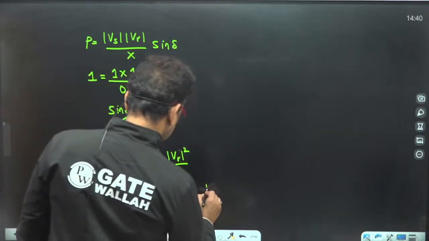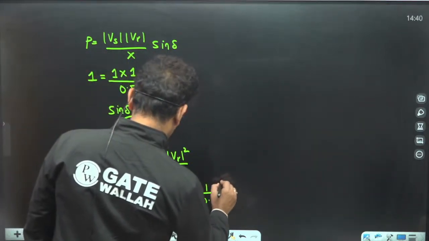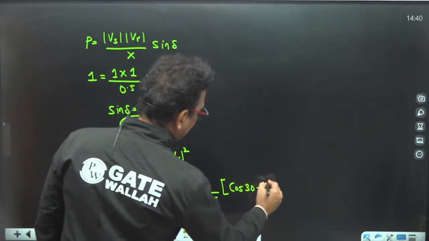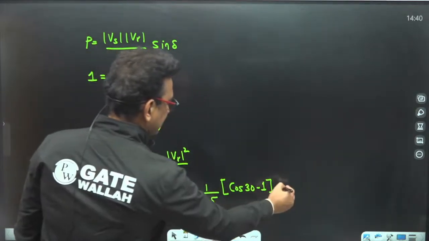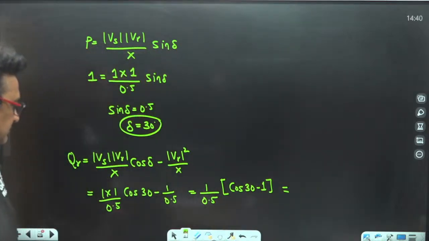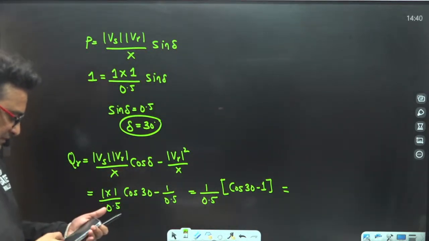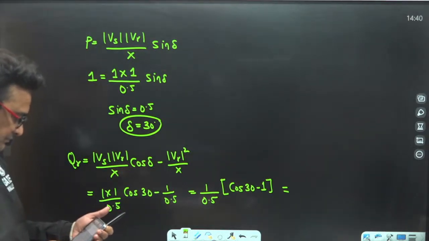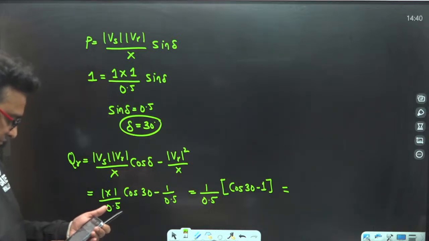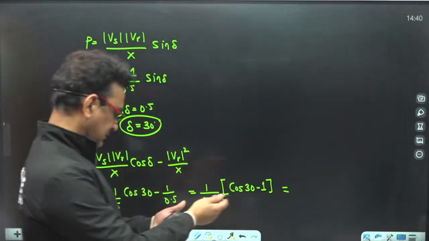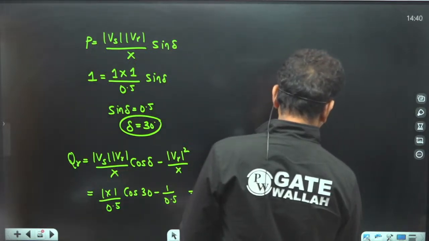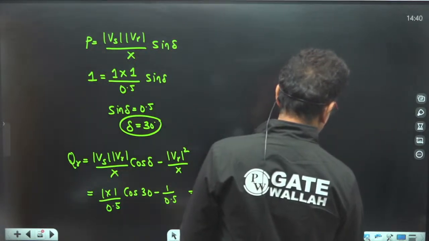So this is (cos 30 minus 1) divided by 0.5, which is minus 0.267 in terms of PU.